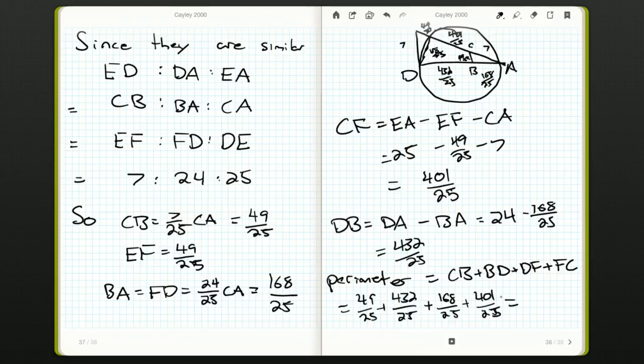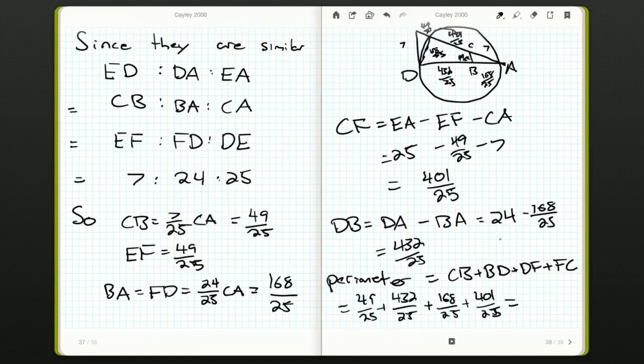And when we work all that out, notice that 49 over 25 and 401 over 25, that's going to be 18. We already had that sort of pair up there, and this one's also going to be 600 over 25, so it'll be 24 plus 18, so I think it should be 42, but I'm actually going to do the calculation.